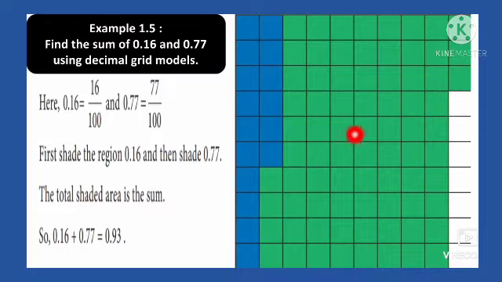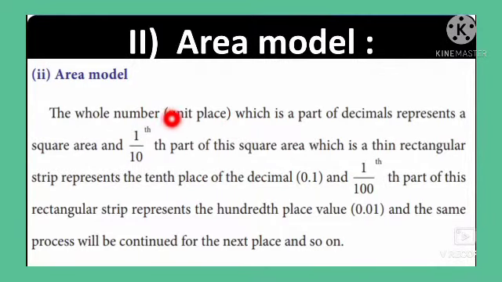Area model. Here comes the whole part, okay? The whole number, unit place, which is a part of decimals, represents a square area, and 1 by 10th part of this square area, which is a thin rectangular stripe, represents the 10th place of the decimal 0.1, and 1 by 100th part of this rectangular stripe represents the 100th place value 0.01, and the same process will be continued for the next places and so on.